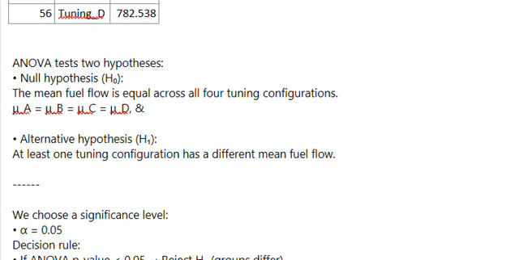I chose a null hypothesis, which basically details that all tunings use the same amount of fuel on average, and the alternative hypothesis that says at least one thing uses a different amount of fuel. This allows us to establish a baseline where they're all the same, or one is standing out. We have an outlier.